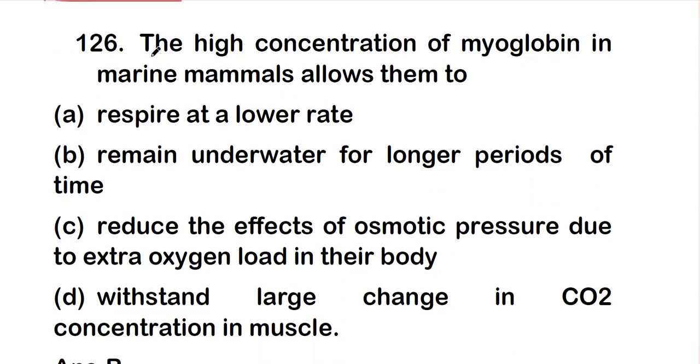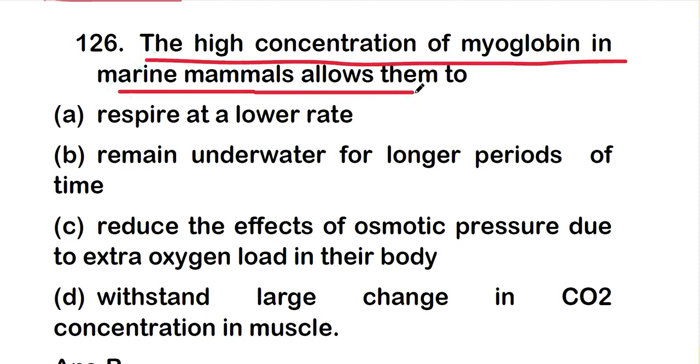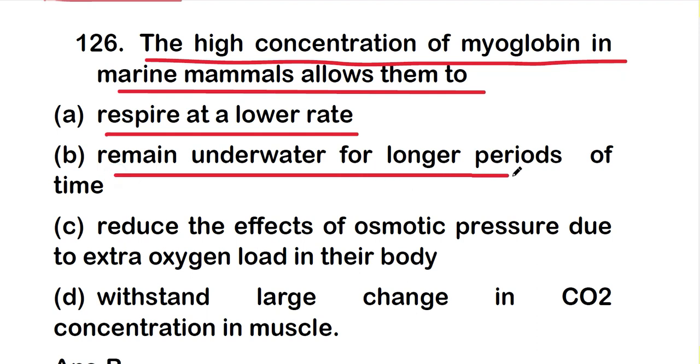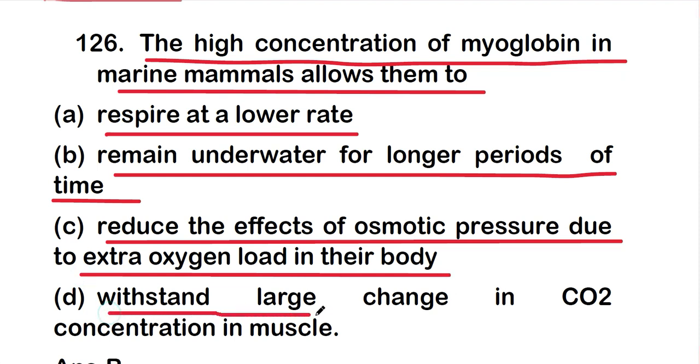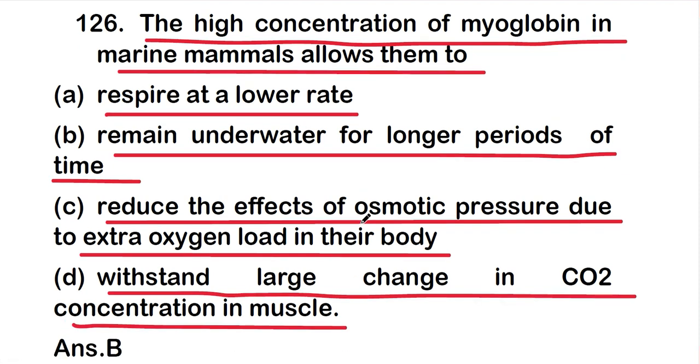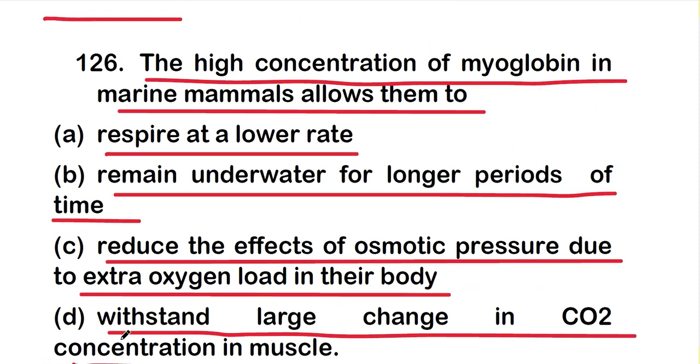So here 126, the high concentration of myoglobin in marine mammals allows them to option A respire at lower rate, or option B remain underwater for longer period of time, option C reduce the effects of osmotic pressure due to extra oxygen load in their body, or option D, withstand large change in CO2 concentration in muscle, and the right answer is option B, that is remain underwater for longer period of time.